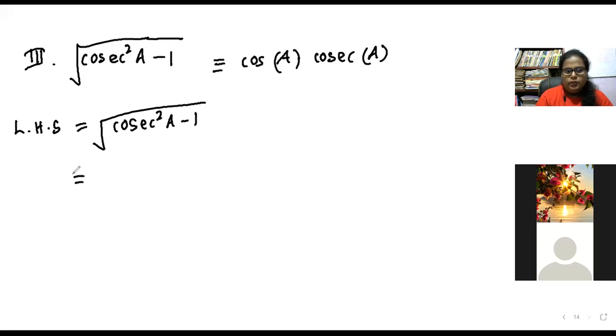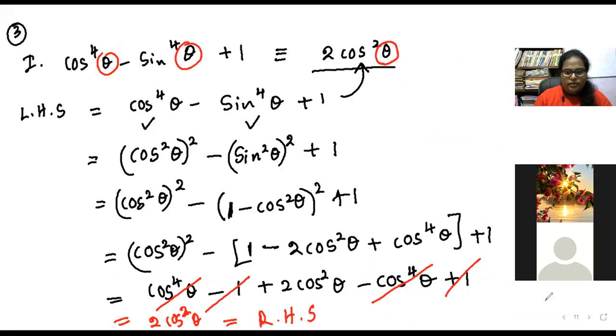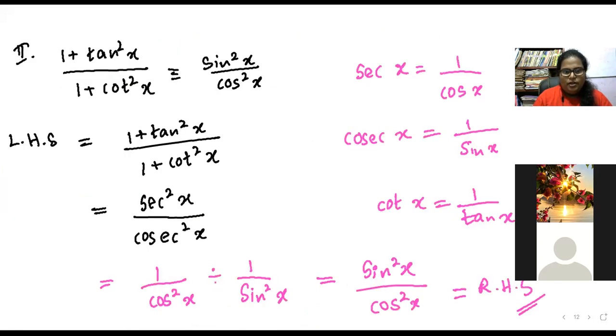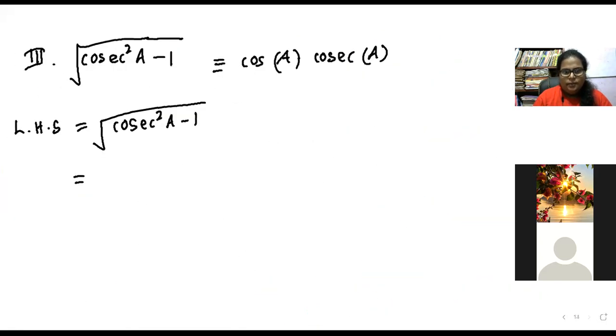You must remember the third formula that you have used, this one. It is the only formula for cot and cosec, right? So we can use this formula for our simplification here.